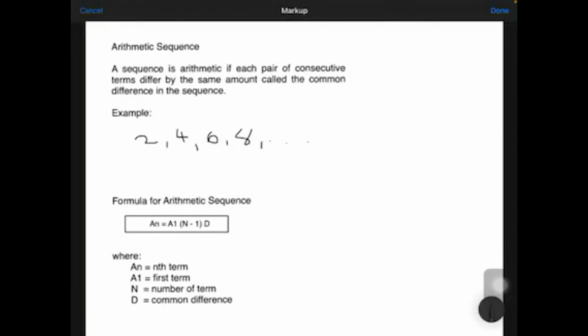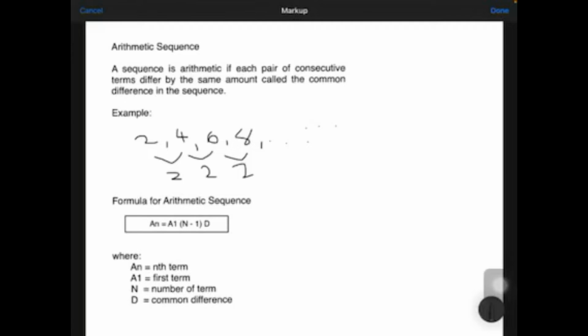If you get the difference of the first term to the next term, 4 minus 2, the difference is 2, right? Likewise, 6 minus 4, the difference is also 2, and 8 minus 6, the difference is 2. If we follow the pattern, the common difference of the next term should be 2. So that is an arithmetic sequence.